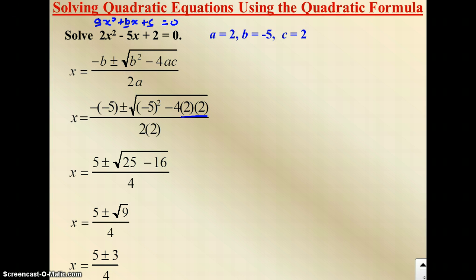Well, we can simplify that. 5 plus 3 is 8, divided by 4 is 2. And 5 minus 3 is 2 divided by 4, which is a half. So there are two solutions: x equals 2, x equals a half.